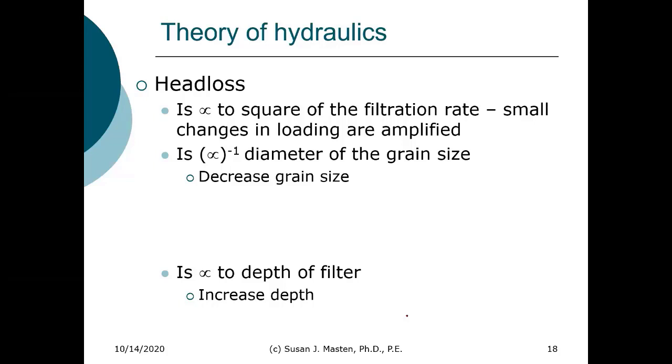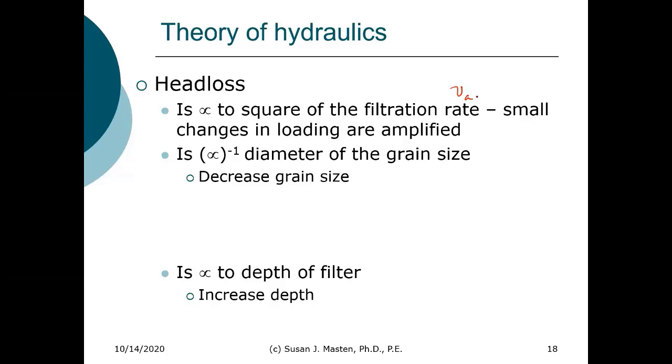So the head loss is proportional to the square of the filtration rate or the approach velocity. So small changes in your approach velocity or small changes in your loading will be amplified in terms of the head loss. It's inversely proportional to the diameter of the grain size.